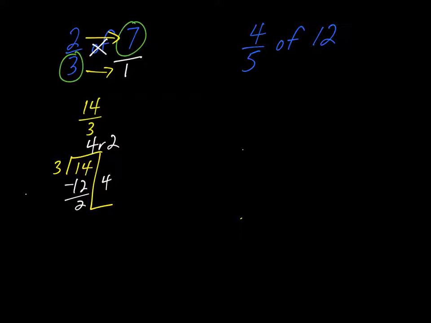Now with this, I came up with an easy way to remember what to do with this answer: Q, N, and R over D. These letters, just like our W, D, N, stand for how to put our answer together. Q stands for quotient, that would be the 4, so my whole number is the 4.